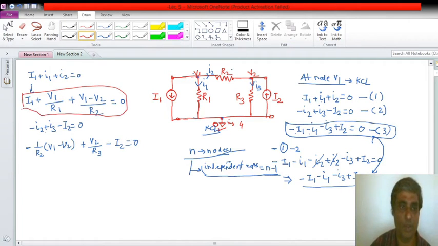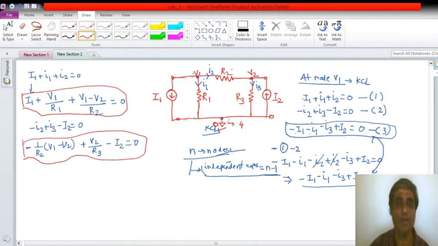Okay. Now what I will do, what I observe is 1 upon R1, 1 upon R2, something like this. So instead of 1 upon R, let me express it in terms of conductance, right? So from here onwards I will use the conductance notion, right? So what is my conductance notion now?